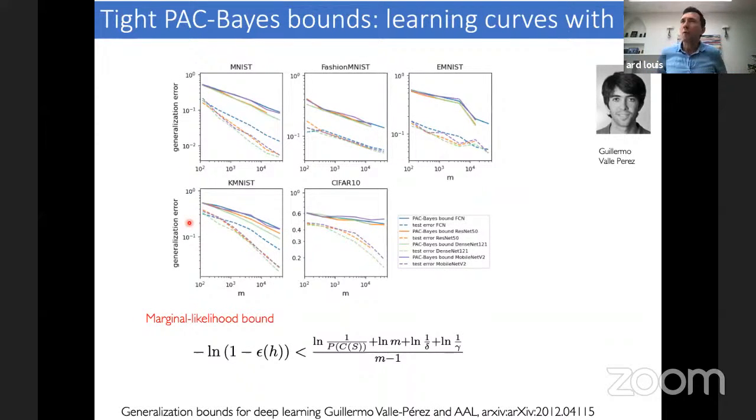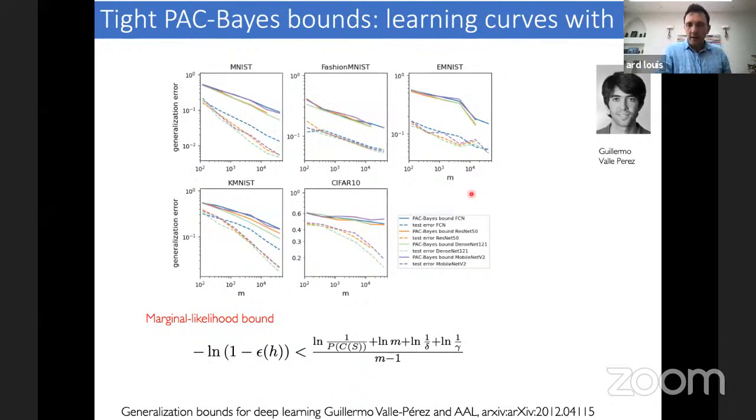Here we look at how our bounds compare to a bunch of different neural networks as a function of training set size, so basically learning curves. Very famously, these learning curves have a fascinating scaling behavior. The scaling parameter is largely dependent on the data and less on the network.